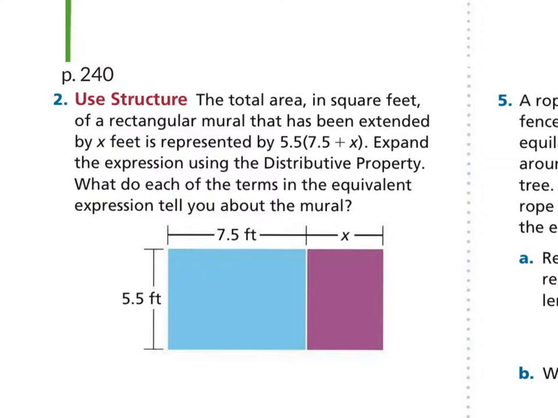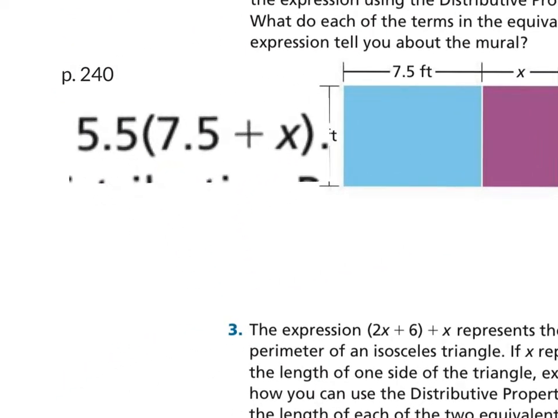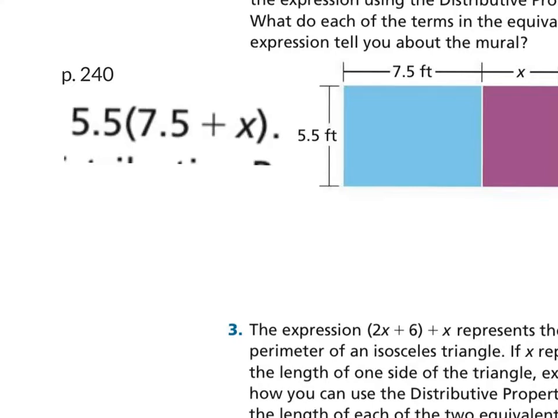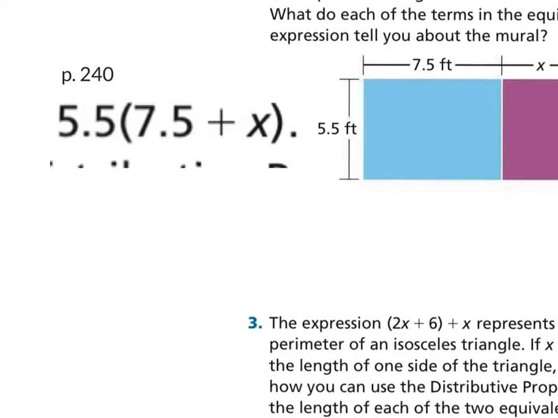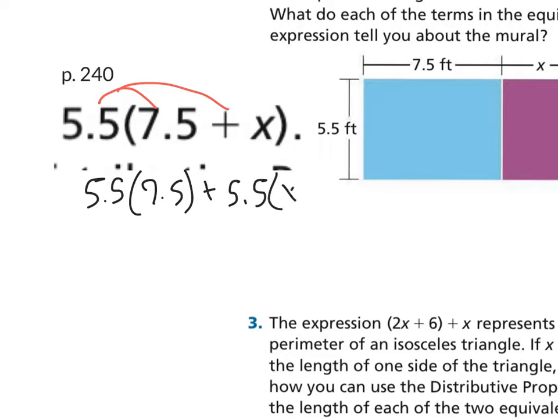Okay, so we're going to take their expression first of all, and we're going to expand that. So when we distribute these, we do 5 5/10 times 7 5/10 plus 5 5/10 times x.